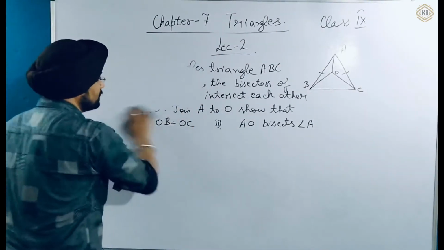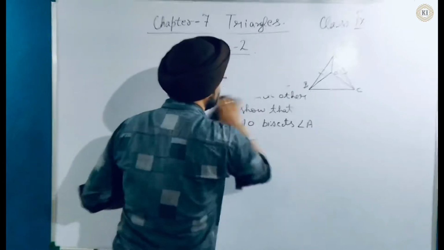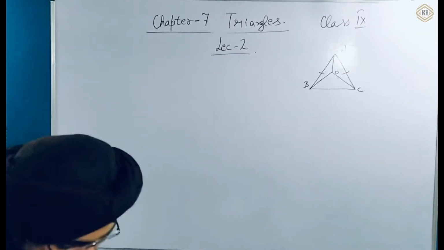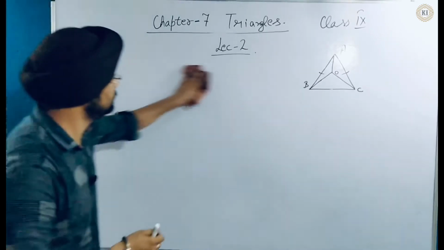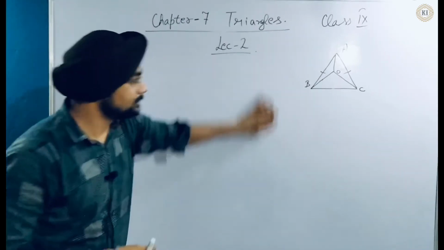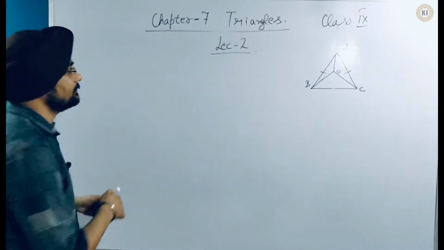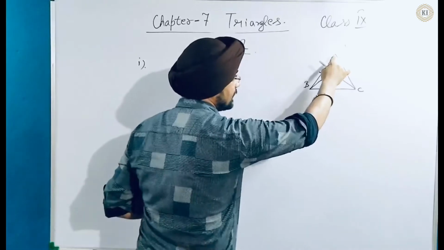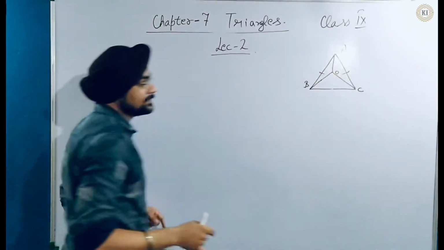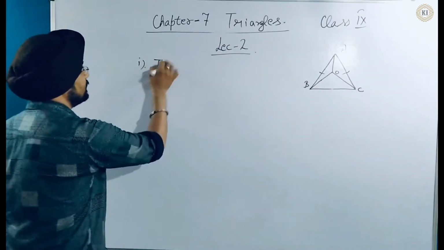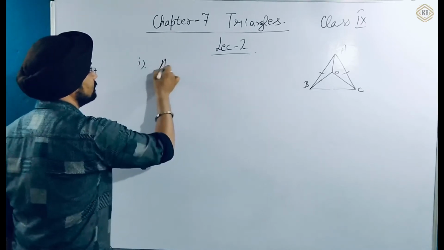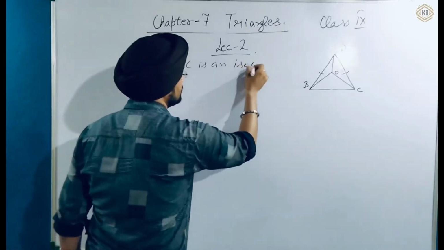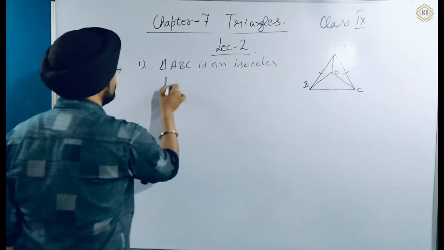In this question, first of all, in the triangle ABC, it is an isosceles triangle.